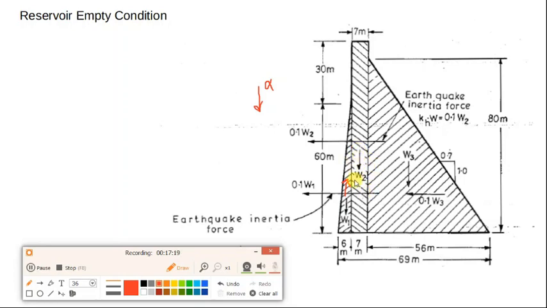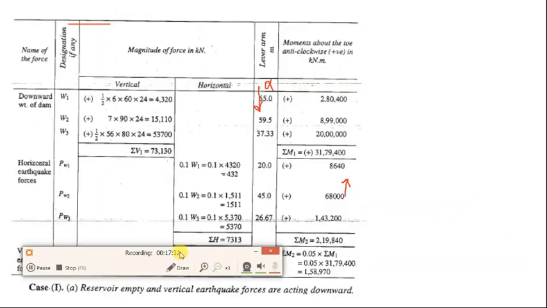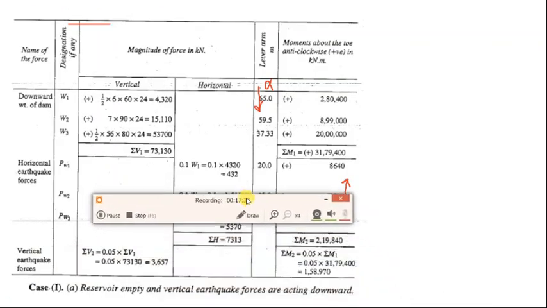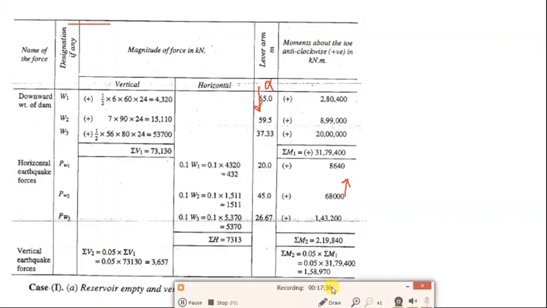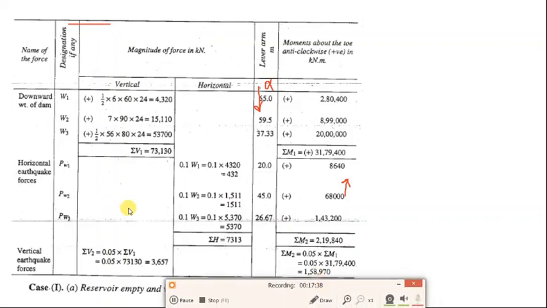But here, in case of reservoir empty condition, we have to consider it as a downward force.